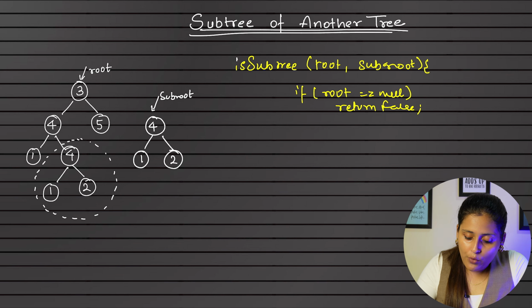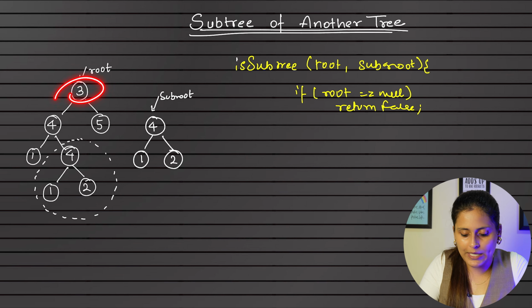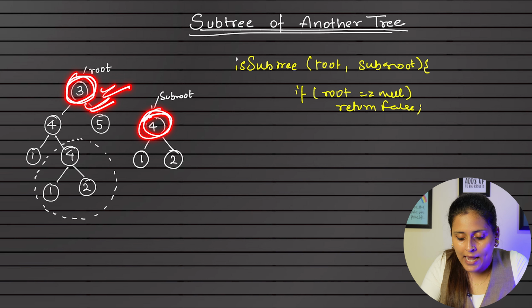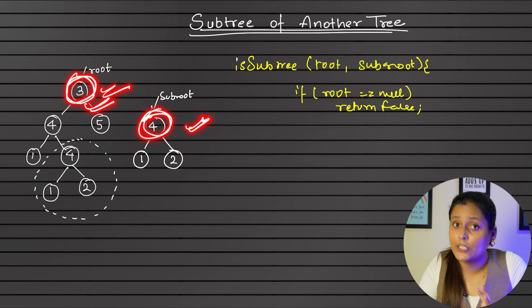Okay. So now what is our task? First we check the base case. Yes, root exists. Now what is our task? It is to check if this and this match. So basically we will try to match using the same tree check with root this and subroot this. So we will write a same tree check function, and this root and this subroot value do not match, so that same tree check function will itself return false to us.